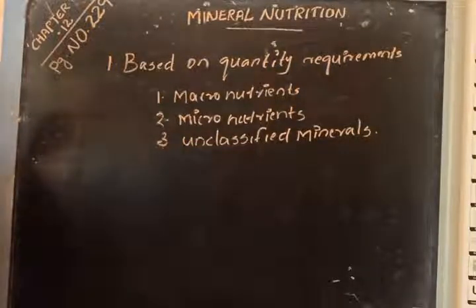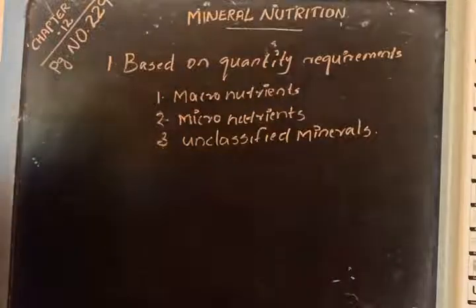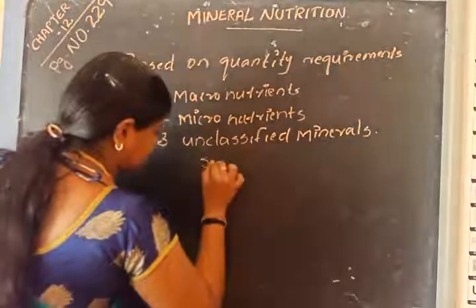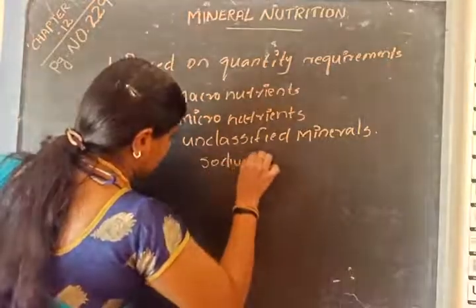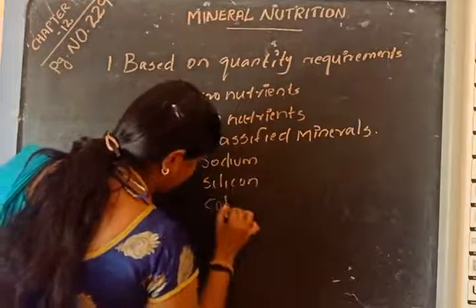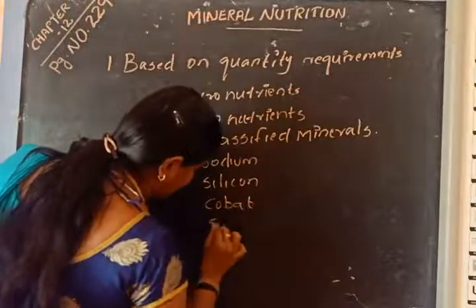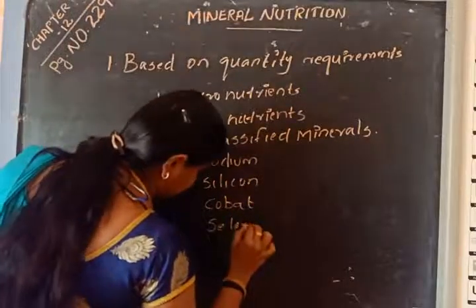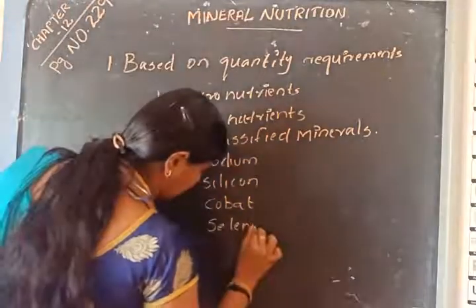So, unclassified minerals: some minerals like sodium, silicon, cobalt, cerium, selenium.